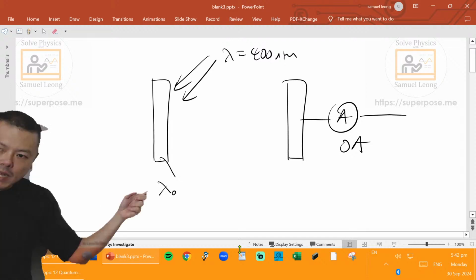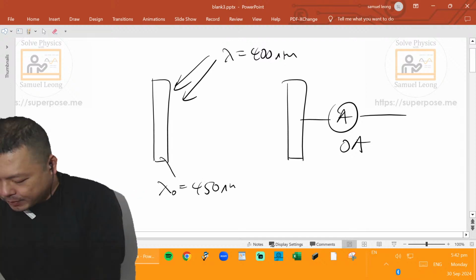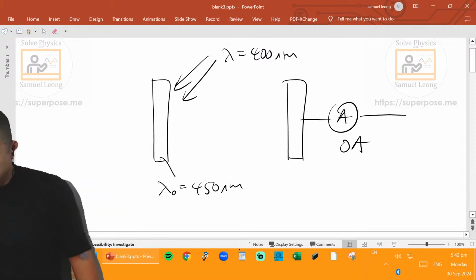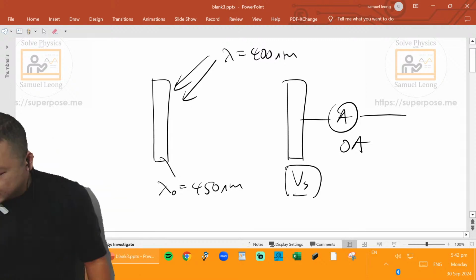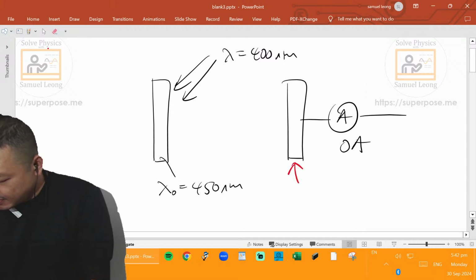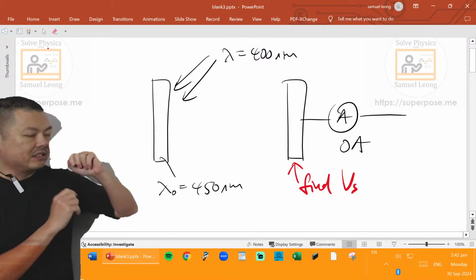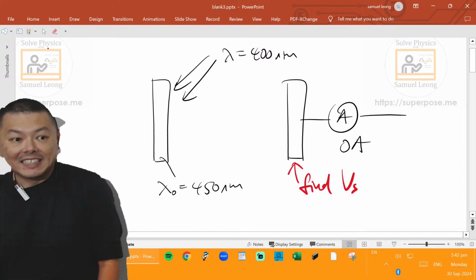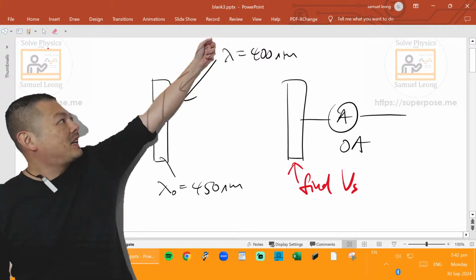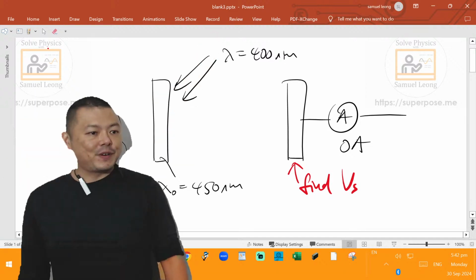The lambda naught of this plate is 450 nanometers. Find the stopping potential Vs of this plate. I just give you two values only. That's all. You can figure it out.